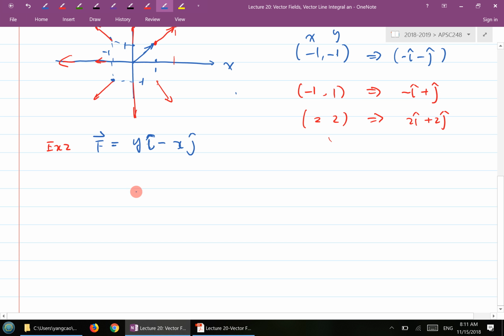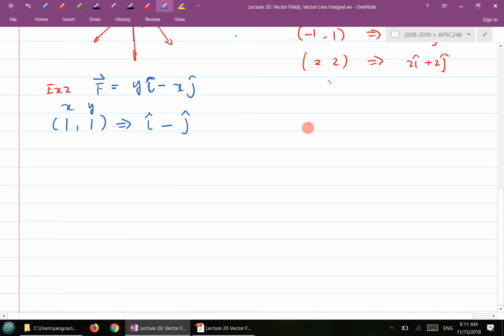So you could try exactly the same approach here. Let's say I give you 1, 1. So if this is your x, y location, okay, if it's 1, 1, then for this particular vector function, 1 over here, so i hat, and then minus what? j hat. So at the location 1, 1, you have a vector i hat minus j hat.